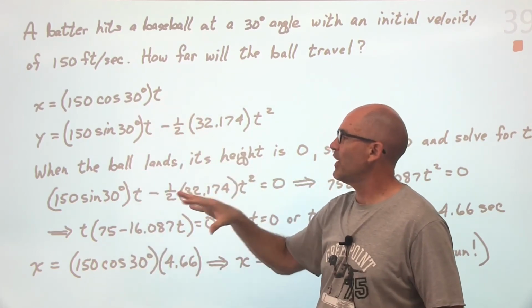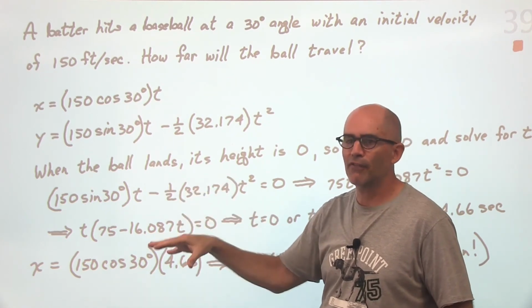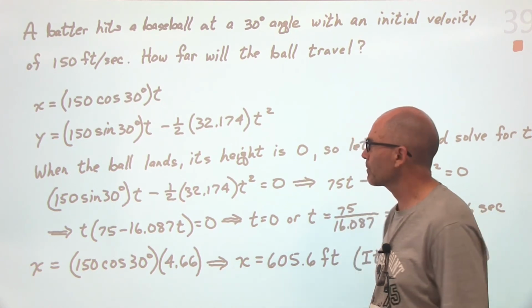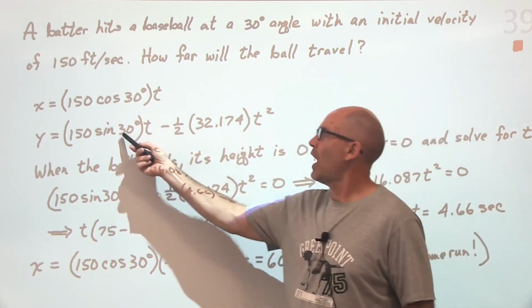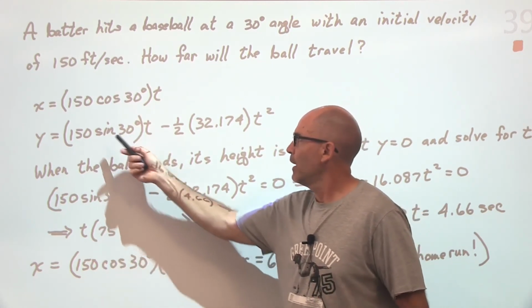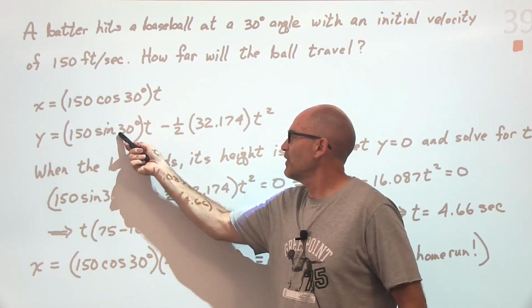So the whole thing that causes a ball to stop traveling forward is the fact that it gets sucked back down to the planet. All right, so we need to look at the y direction to know how long the ball will travel. So the y distance is 150 sine 30 again.